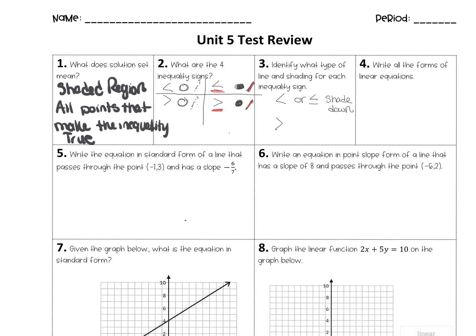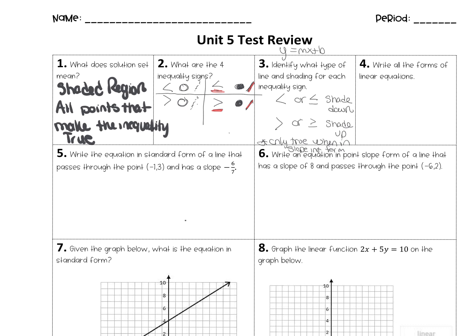If you have the greater than or equal to, you're going to shade up. But remember, that's only true when in slope intercept form. You've got to be in the y equals mx plus b form so that you know which way to shade.